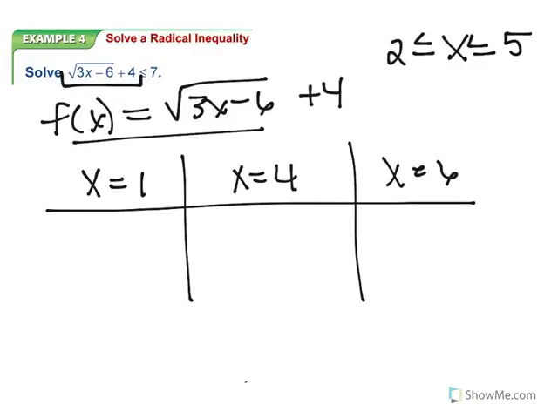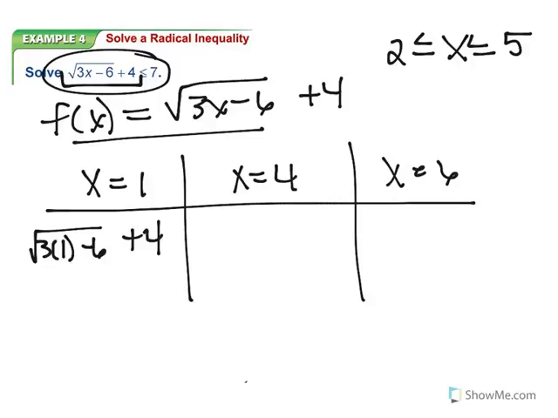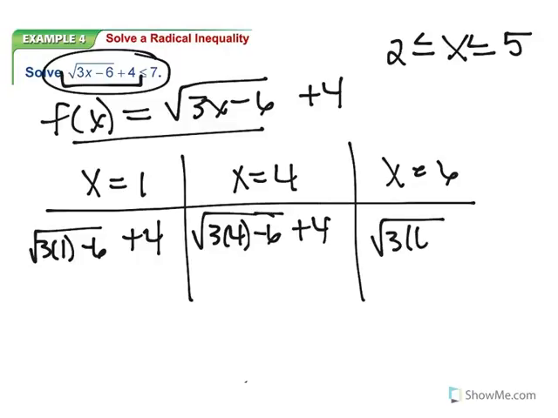Now we're going to plug these values into the equation we wrote, and see if they satisfy our original inequality. So we're going to have the square root of 3 times 1 minus 6 plus 4, the square root of 3 times 4 minus 6 plus 4, then the square root of 3 times 6 minus 6 plus 4.